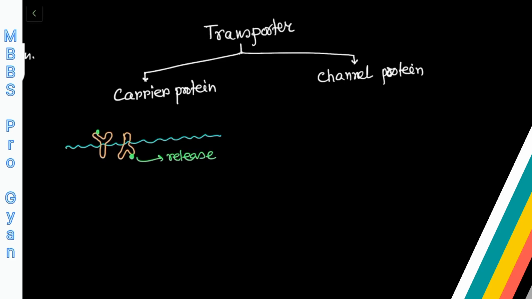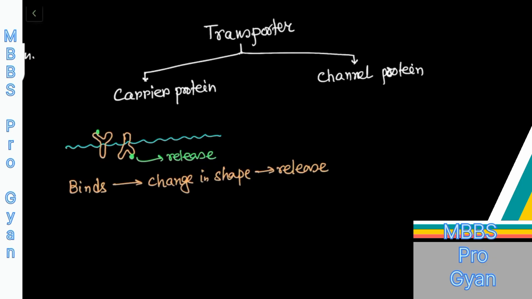So what I told, carrier protein means it will first bind with the substance which is going to be transported. Then the carrier protein molecule changes in shape, and then it releases the molecule on the other side of the membrane. This typical sequence happens in all carrier protein molecules.